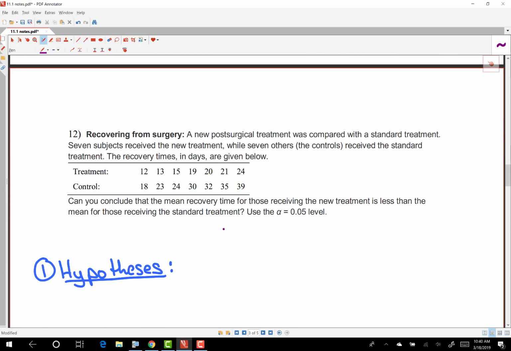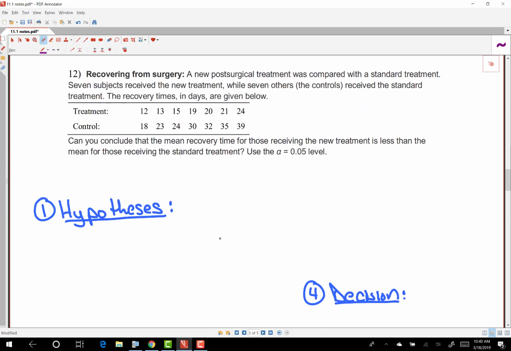Let's do another one. Now this one, we're going to do one where we actually have the data instead of the summary statistics. So it says a new post-surgical treatment was compared with a standard treatment. 7 subjects received the new treatment, while 7 others, the controls, received the standard treatment. And by the way, as we saw in the last one, the sample sizes do not have to be the same. Here they are.